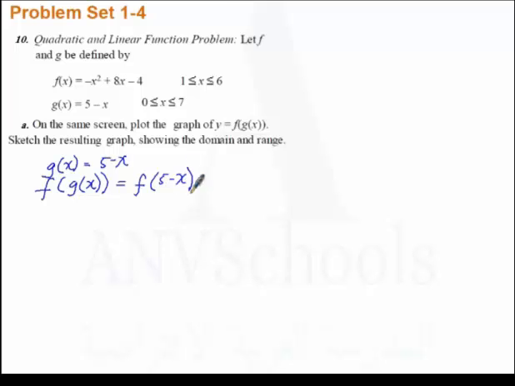minus x. And so graphing both of the functions, as you notice, this is a quadratic function and this is a linear function. So let's first graph the function which is quadratic. Its restricted domain is from 1 to 6. So we'll make a table.